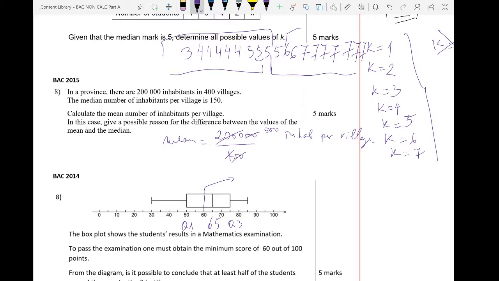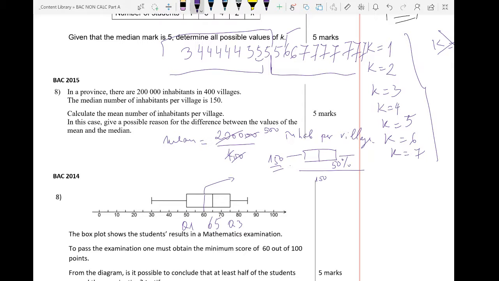But the median is 150. Here is the median, 150, but 500 is the mean.